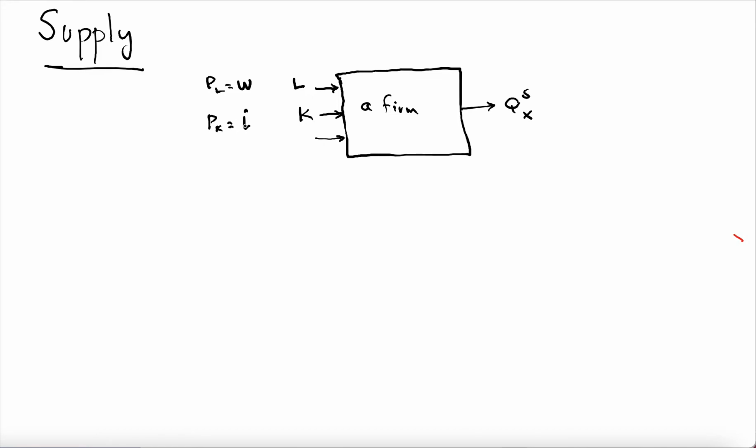So the additional cost of borrowing is called interest. And the land or raw materials, the price is called rent. Maybe the processed materials also have a price. If it is processed, it's called intermediate.